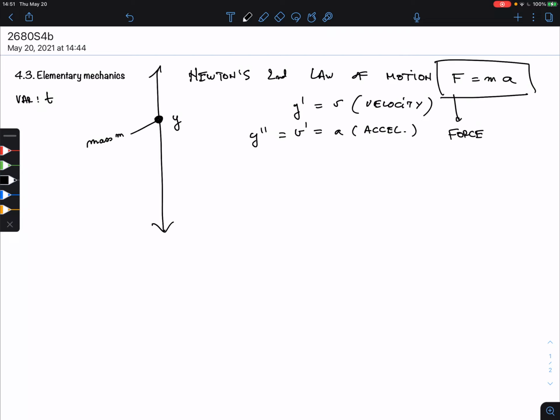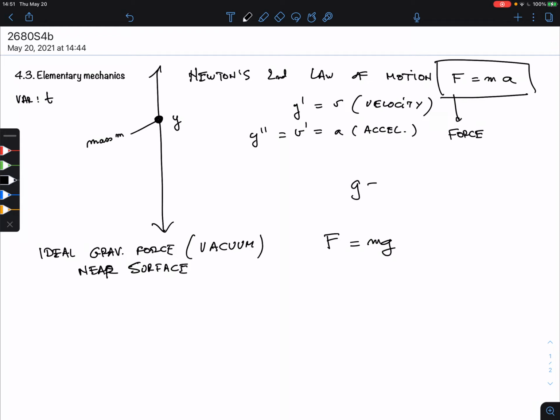But let's say the ideal gravitational force. Ideal means that we are in a vacuum and nothing else is happening. If we are near the surface of a stellar object, like a planet or a moon, that force is simply given by m times g, where the acceleration is constant.